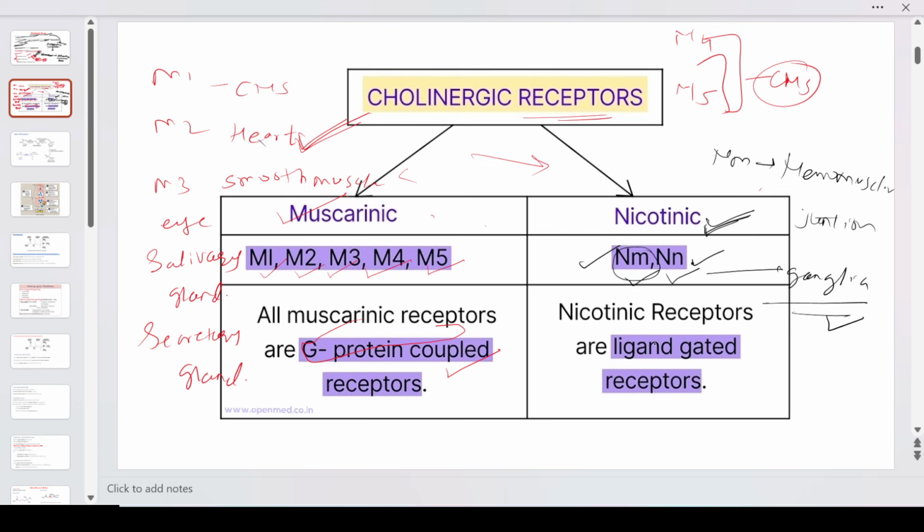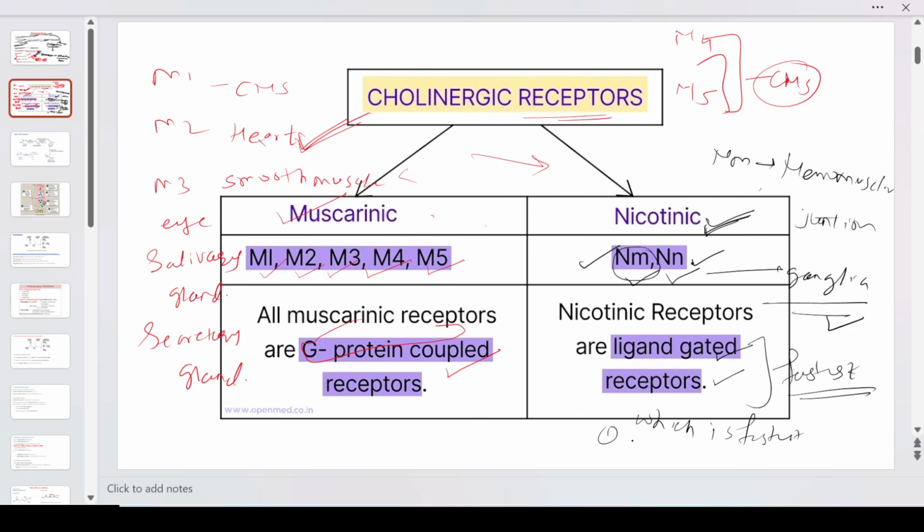Okay, so these are of which type? Ligand gated ion channel. So these are the fastest acting receptors. They may ask a question, which of the following, an indirect question, which is fastest acting?